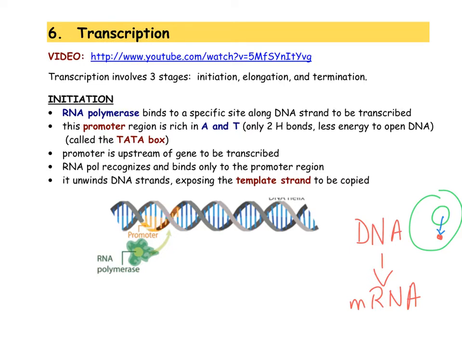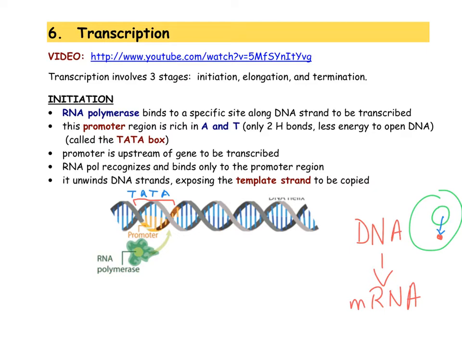So because there are a bunch of A's and T's, it is called the TATA box, which is a name that I'm not particularly fond of, but there it is anyway. Okay, so that TATA box is there.